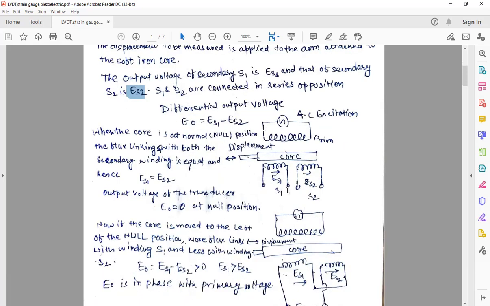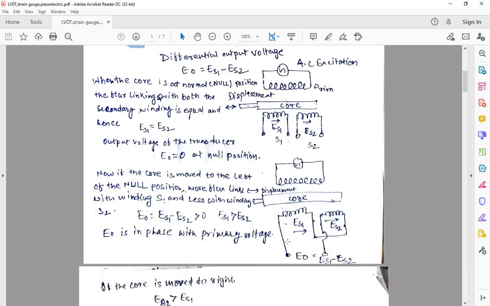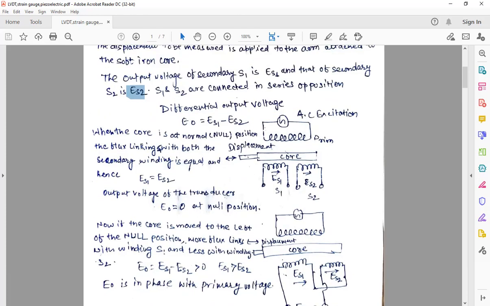We have connected those windings such that their voltages oppose each other, that is, connected in series opposition, and the output voltage of the LVDT is equal to ES1 minus ES2. ES1 is the voltage across the first secondary winding, and ES2 is the voltage across the second secondary winding.